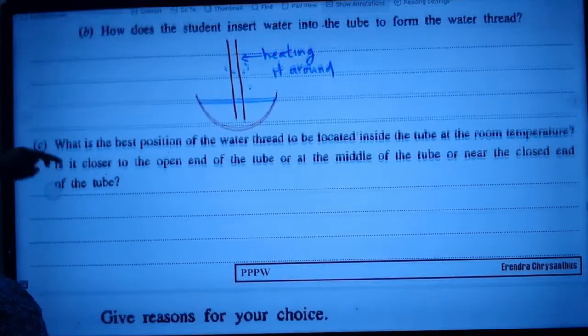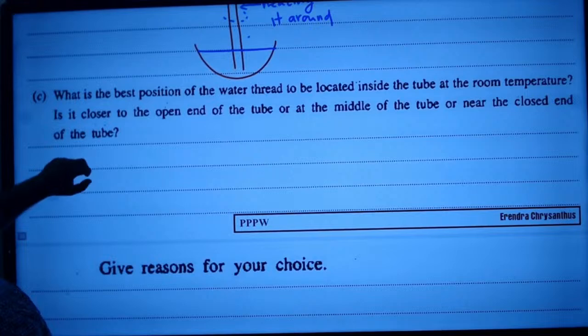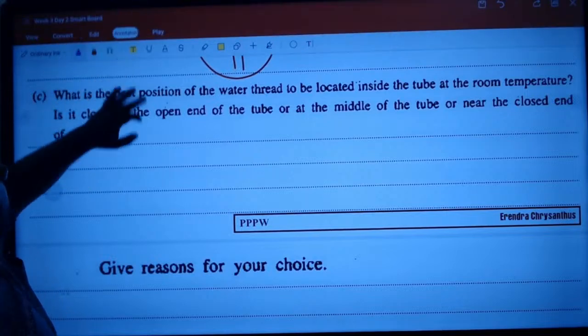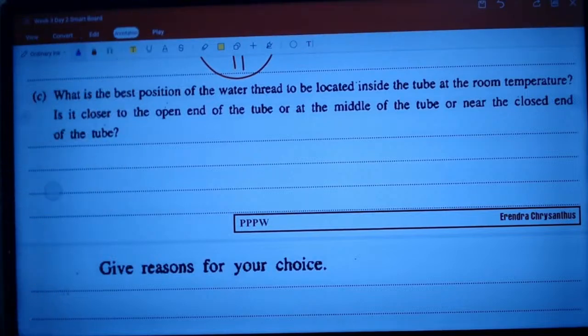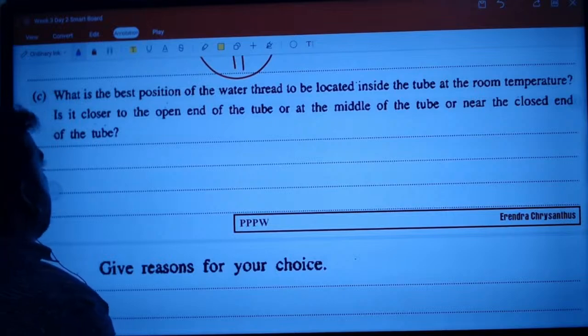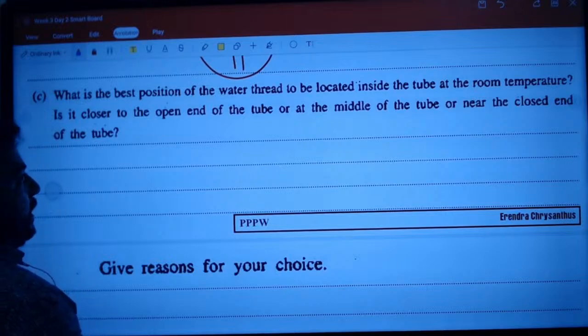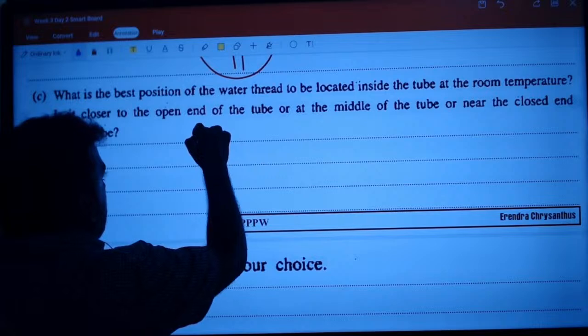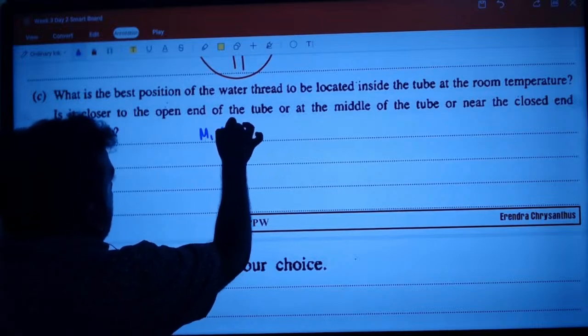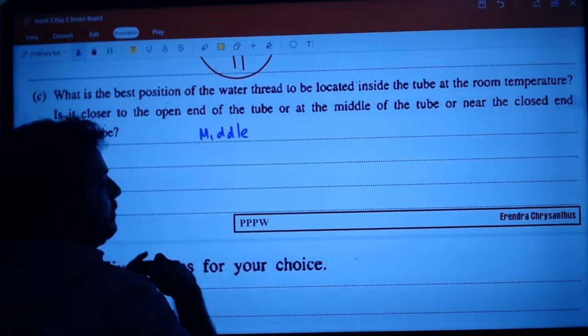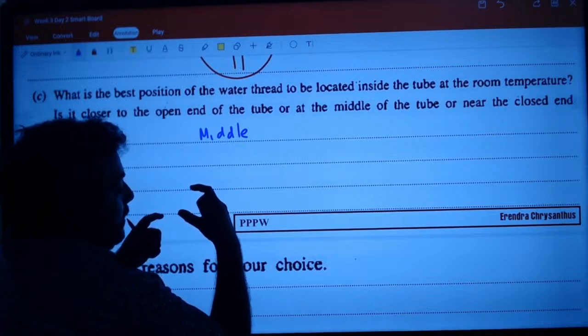What is the best position for the water thread to be located inside the tube at room temperature? Is it closer to the open end, at the middle, or near the end? So technically at the middle. Why at the middle? When we heat it, the liquid thread will rise.